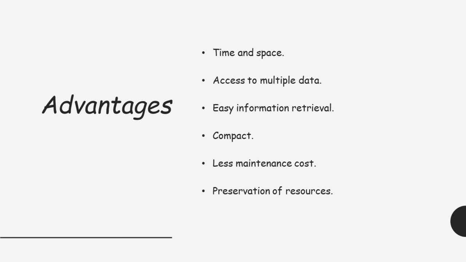Preservation of resources is another advantage of online libraries. In traditional physical libraries, there might be losses of resources due to the ravages of time. But in an online library, if the software doesn't undergo any error, the resources could be preserved for pretty long periods of time.